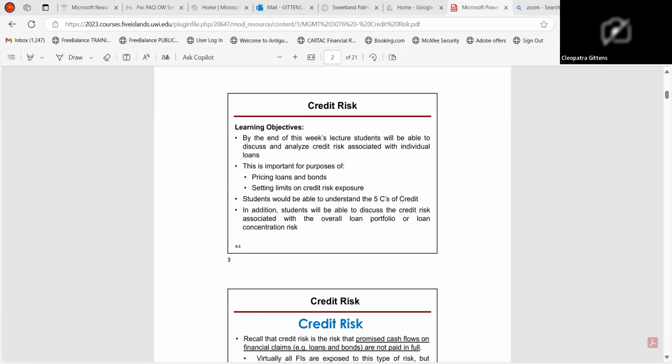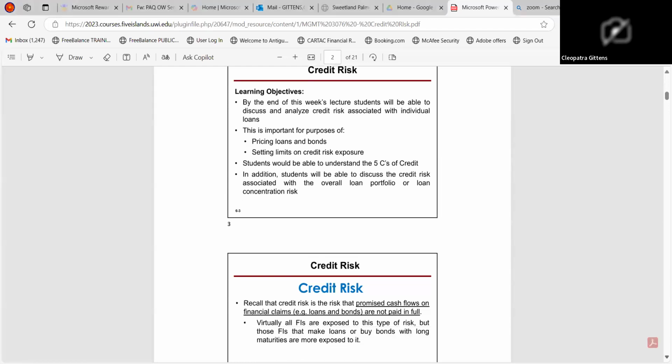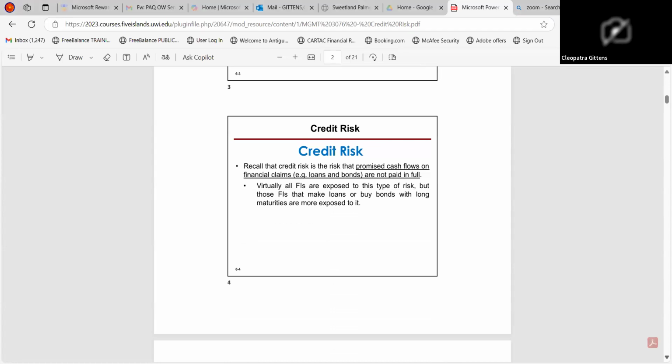Like I said a couple minutes ago, credit risk has to do with the chance that the financial institution does not get the money that it expects to get from the person that it gave the credit to. In other words, credit risk is the risk that the promised cash flows on financial claims are not paid, because financial institutions are not just banks.